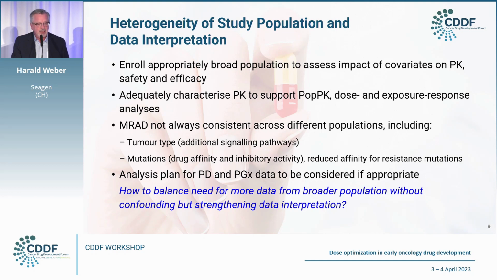There are different mutations that need to be considered as well, which have an impact on drug affinity or the activity of the inhibition that we want to achieve. And I think it's important also to integrate early in our development strategy a proper analysis of pharmacodynamic and pharmacogenomic data.